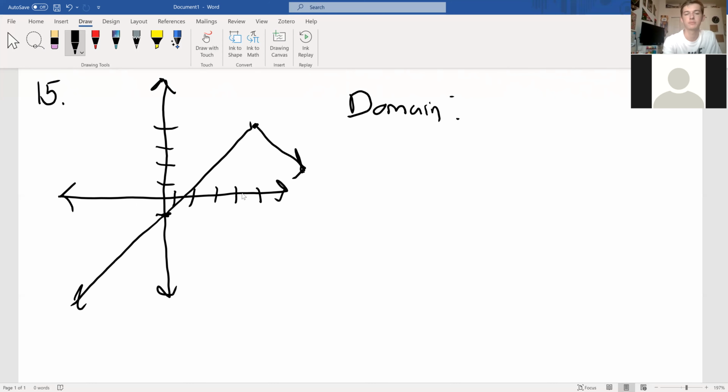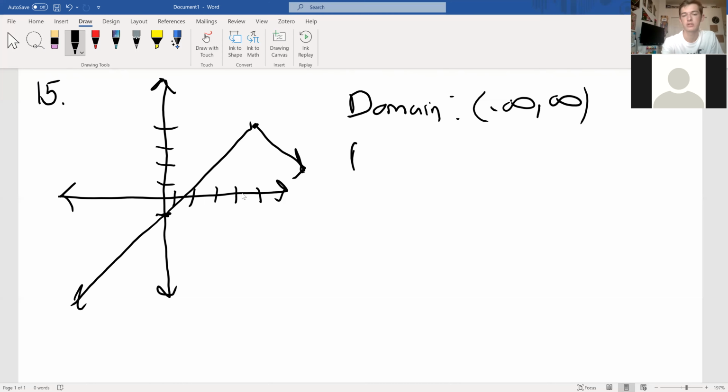Unless there's some abrupt stop, like an asymptote, or a piecewise function where it breaks off, your domain is most likely negative infinity to positive infinity. That's the case in this one because it just keeps going from left to right. When you're doing domain, make sure you're looking at just the x-axis and not worrying about whether it goes up or down.